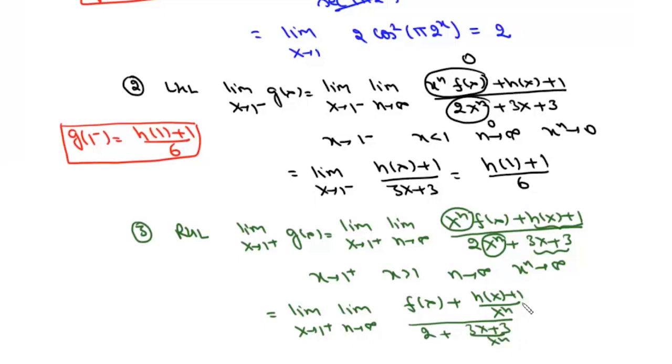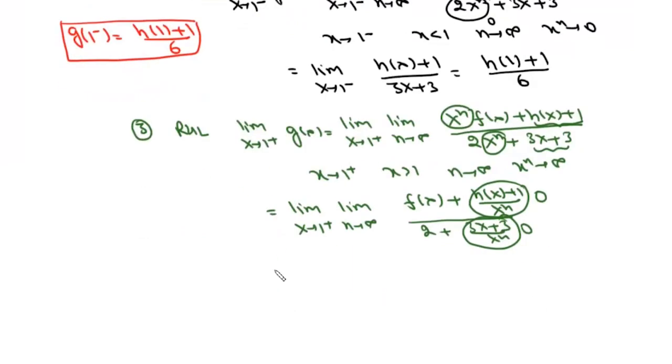Now as n tends to infinite, this expression will be 0 and this will also be 0. So this right hand limit will be this limit x tends to 1 positive f x by 2, which is f1 by 2 as f x is continuous. So the right hand limit of this function will be f1 by 2.